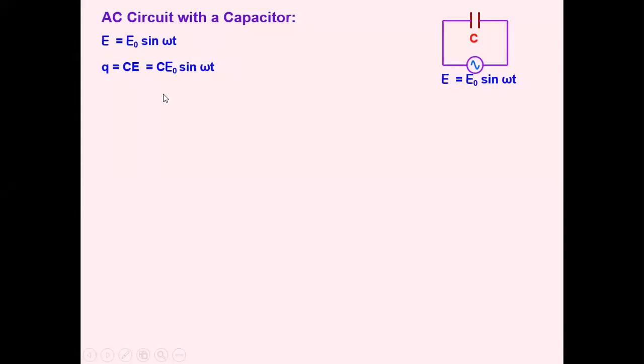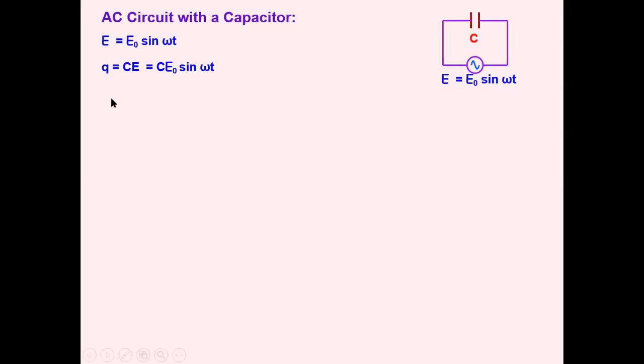Now let us check from the concept of capacitor. We have seen that capacitance of a capacitor is equal to the ratio of charge to potential difference across the terminals of the capacitor. Here EMF is nothing but the potential difference across the terminals of the AC source.